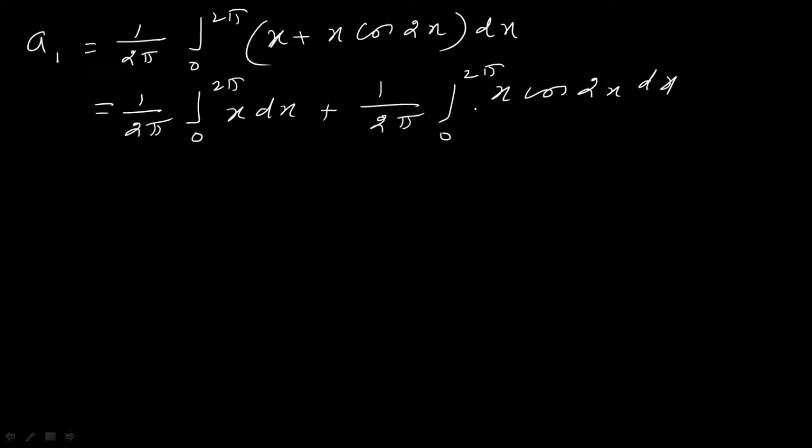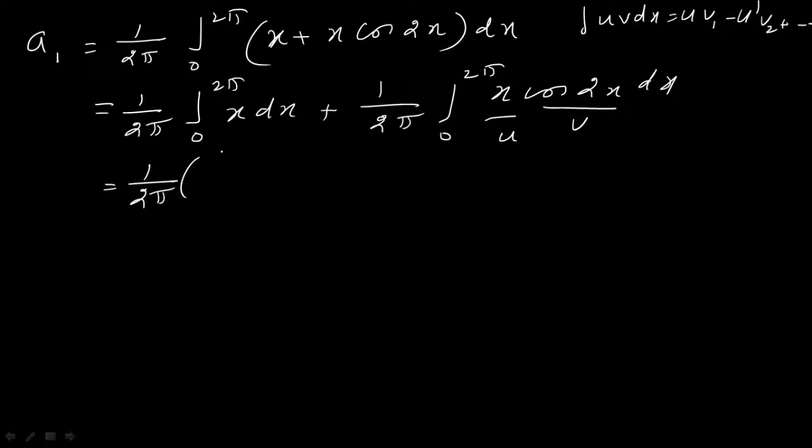2x dx. So this is the simple integration, but here you make use of the Bernoulli's formula, integral uv dx is equal to u v1 minus u dash v2 plus etc, right? So that is equal to 1 by 2 pi. While integrating x, you get x square divided by 2 with the limit from 0 to 2 pi plus 1 by 2 pi of, applying the Bernoulli's formula, that is u v1.